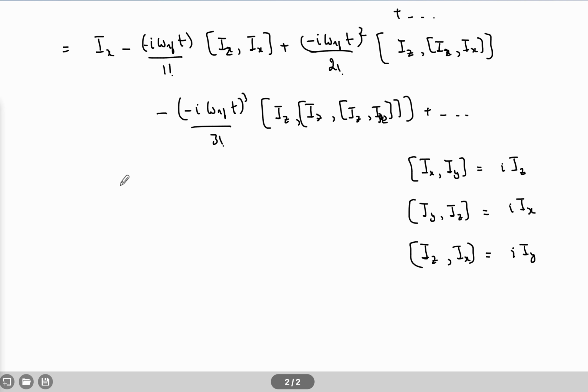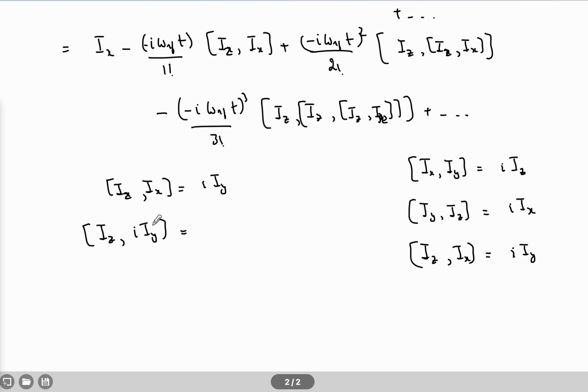So if I calculate [Iz, Ix], I will get i Iy. Now for the double commutator, [Iz, Ix] I already know, which is i Iy.